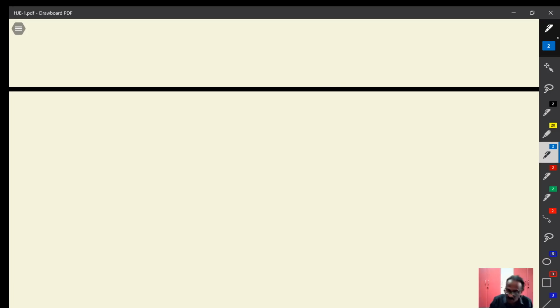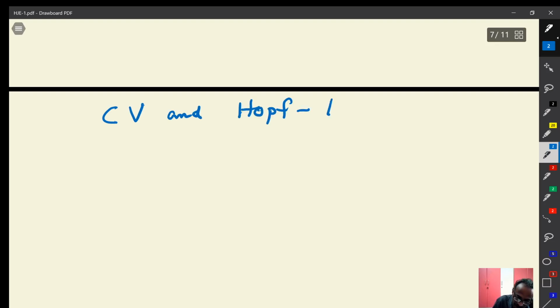So now before we complete today's lecture, we want to do calculus of variations and Hopf-Lax formula in some general setup. Okay, Hopf-Lax formula. We'll try to derive it.